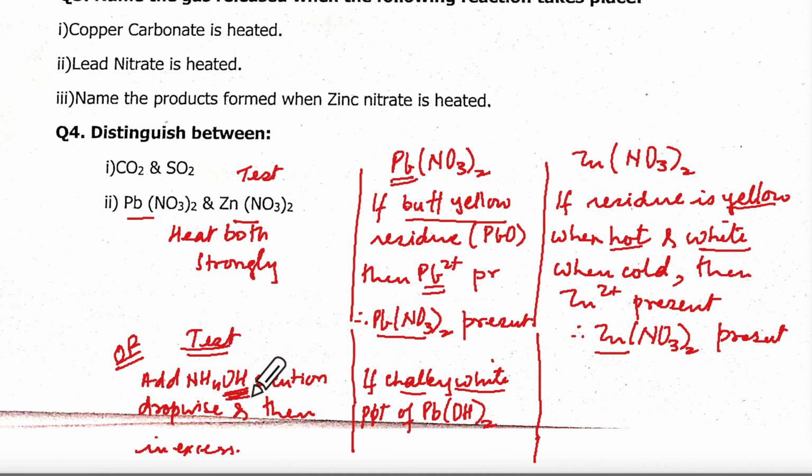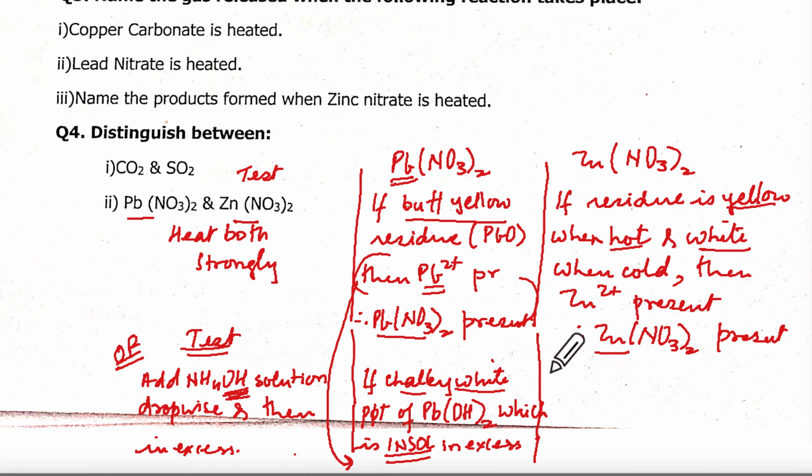Because there is a hydroxide and this double decomposition will happen. Precipitate of Pb(OH)2 which is insoluble in excess. Then for Pb, just copy paste. Therefore Pb(NO3)2 present.